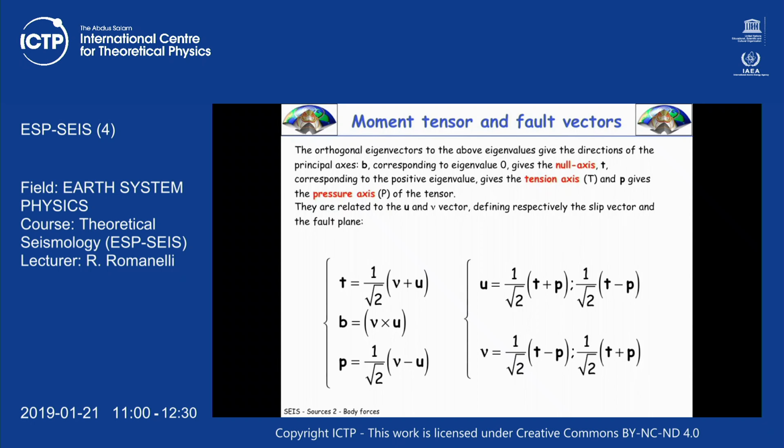There is nothing here except that given Ni and U, we have T, B, P. And of course, given T and P and B, we can get U and Ni. Just geometry. It's just a different description. We can describe the shear dislocation with the U and the Ni or T, P, B. They are complementary. Principal axis and U and Ni.